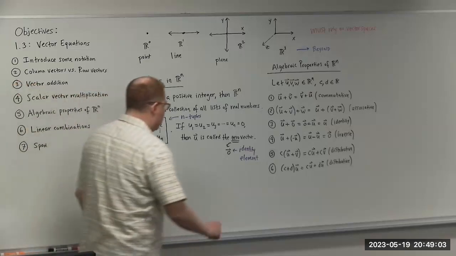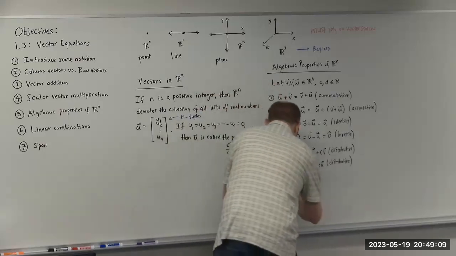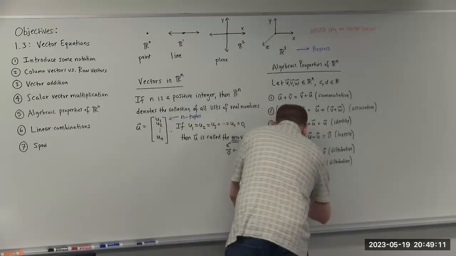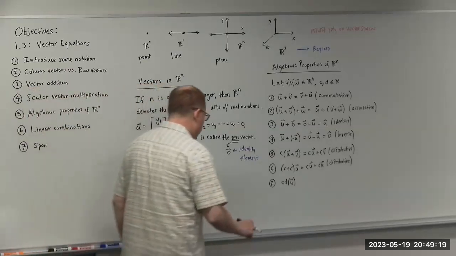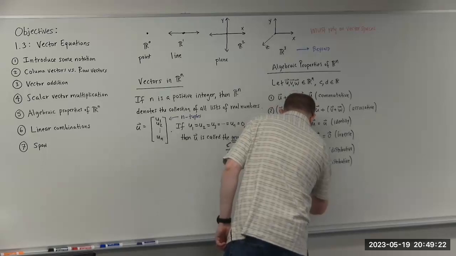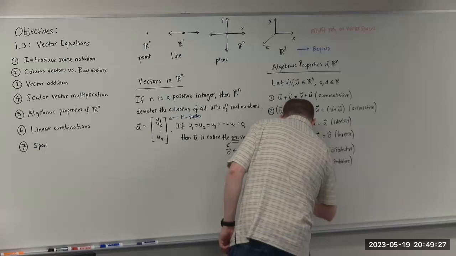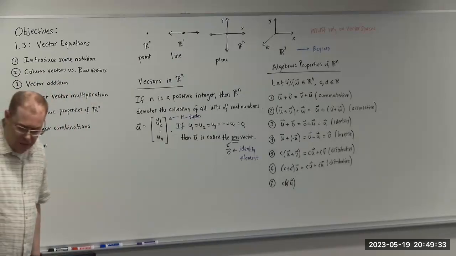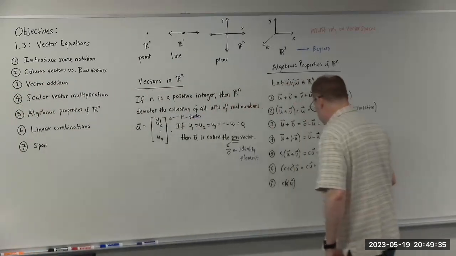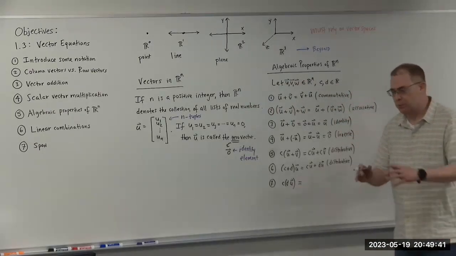Then number 7. If we have c times d times the vector u, that's the same thing. Instead of multiplying d times u first, I can multiply c times d.